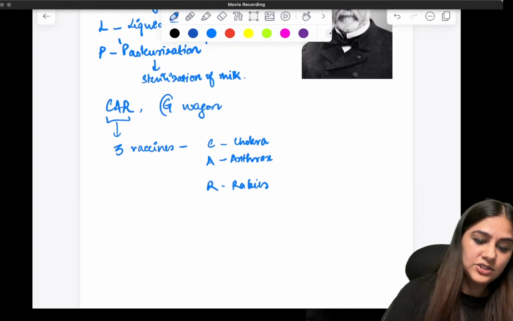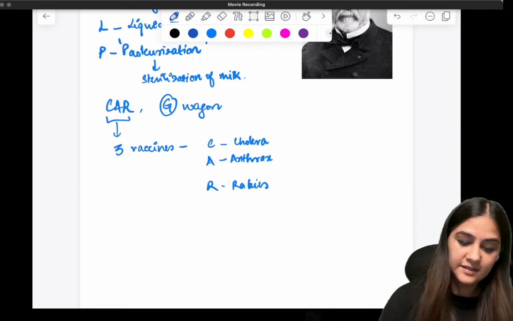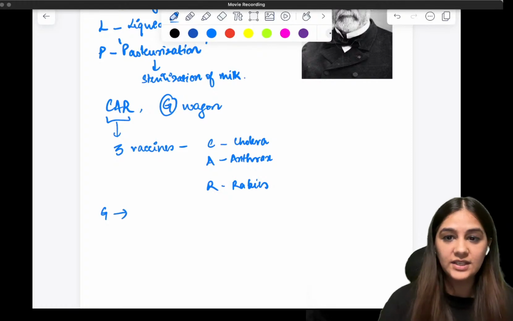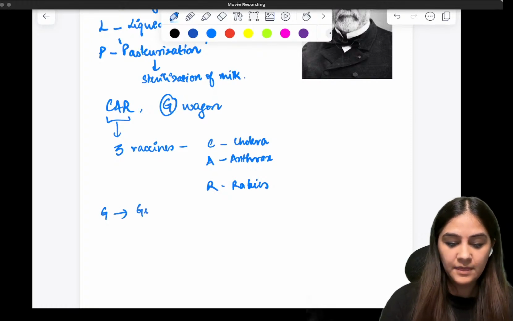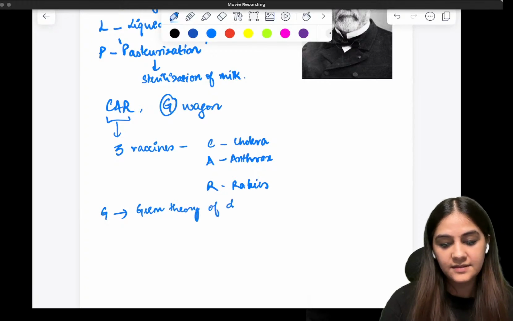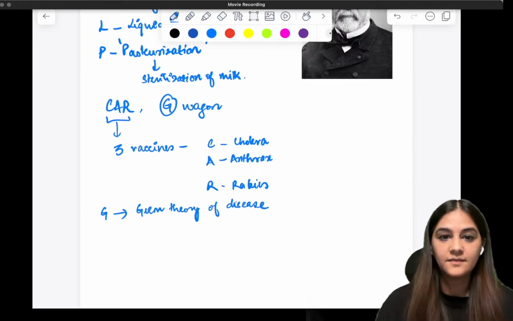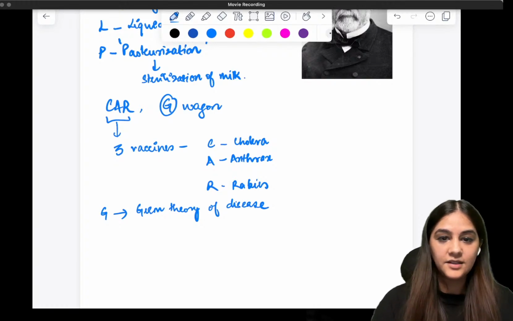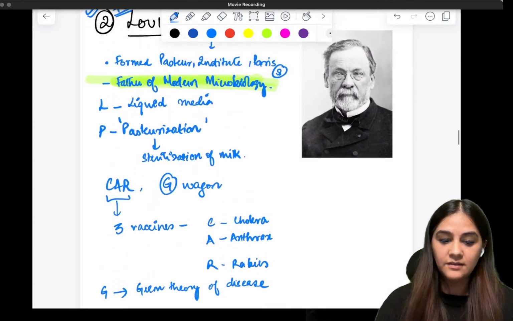What was he doing with his G Wagon? Right. So with his G Wagon, he actually gave us the germ theory of disease. Right? Understood? Is it clear to everyone?